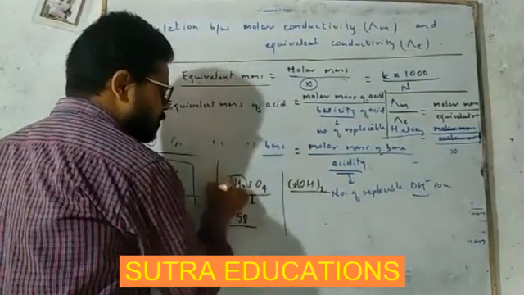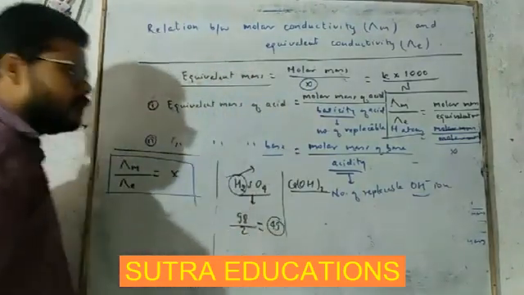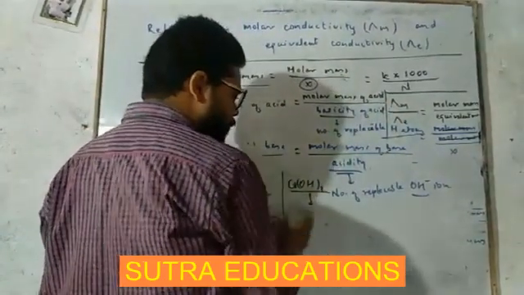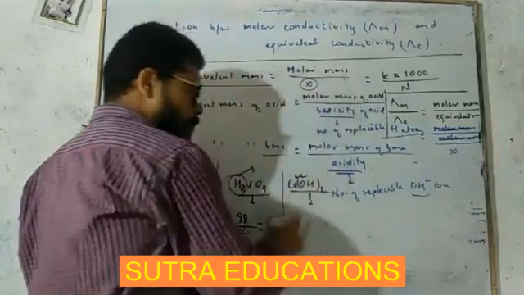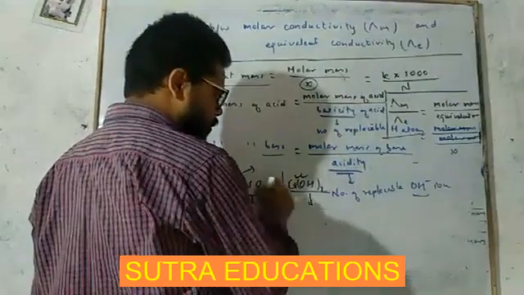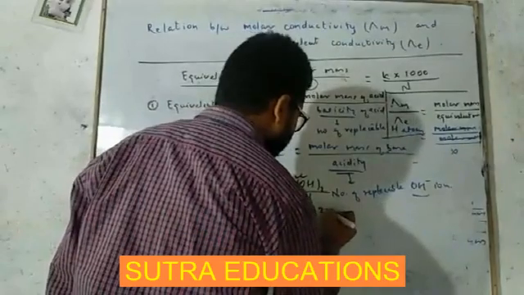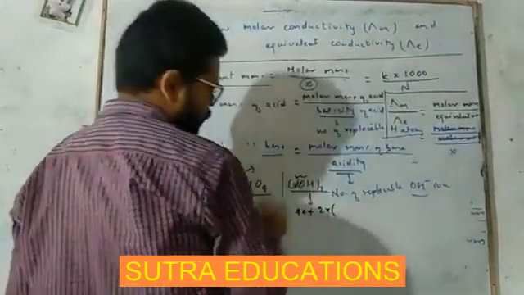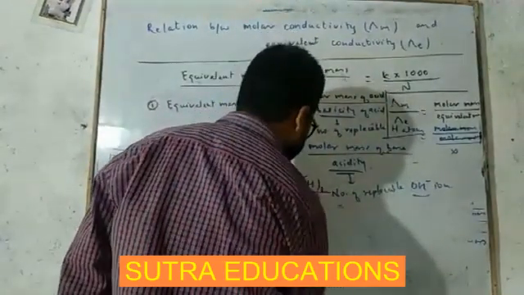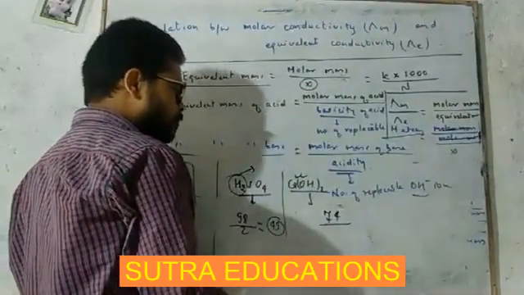Basicity is the replaceable hydrogen atoms, so 2, which gives 49. For the base, its equivalent mass will be molar mass of the base, which is 40 plus 2 into 17, that is 34, so 74, upon its acidity.